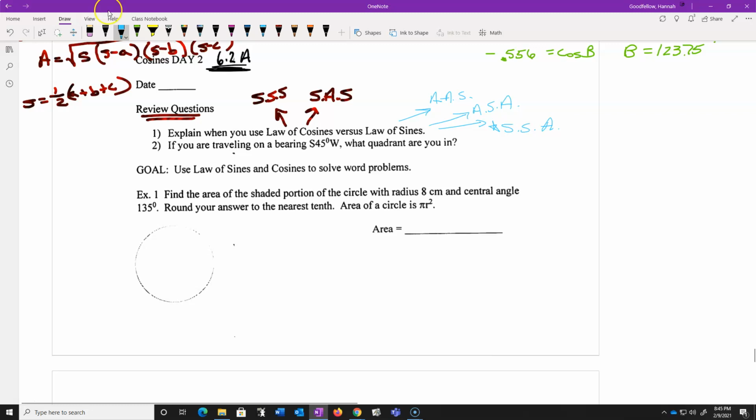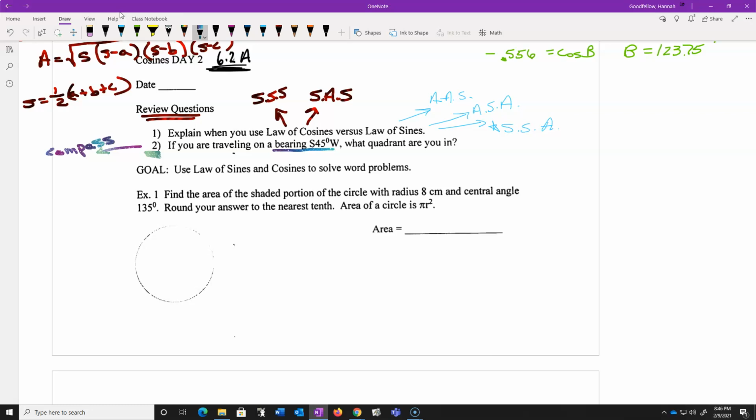Now, the second question: we're going to run into some questions today that might involve using bearings. Bearings were derived around people using a compass. When you use a compass, you can't use east and west, your normal x-axis, as a place to take a measurement from, because the magnetic poles of the Earth are in the north and the south.